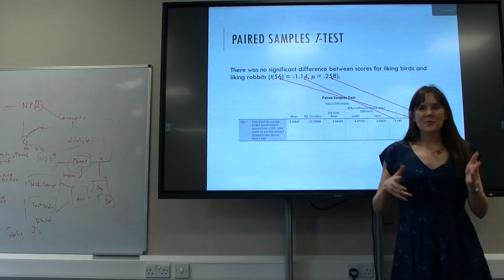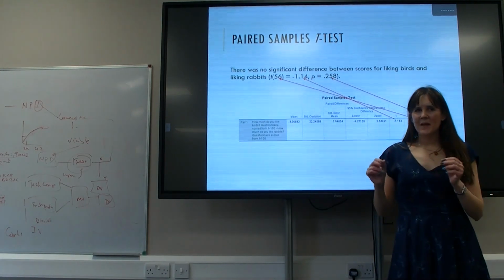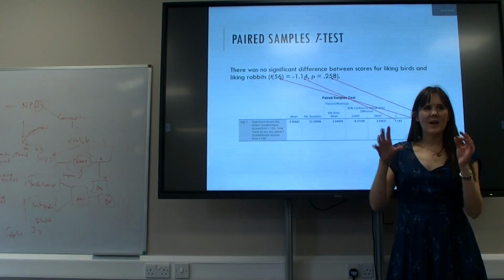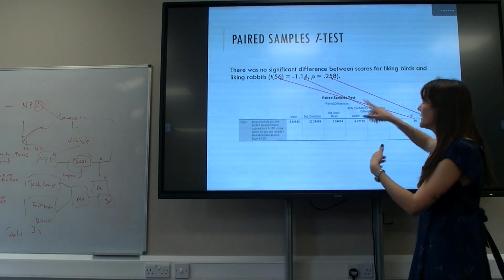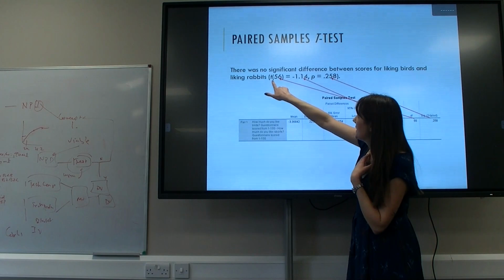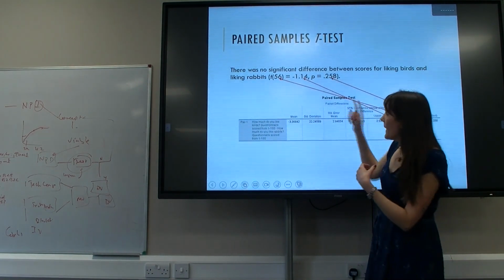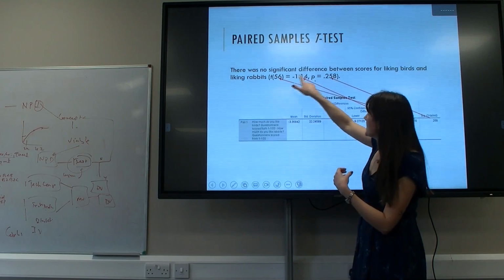I've mentioned before, APA is really picky about exactly how you format things. So in brackets, your t and your p need to be in italics. And notice where the spaces are.